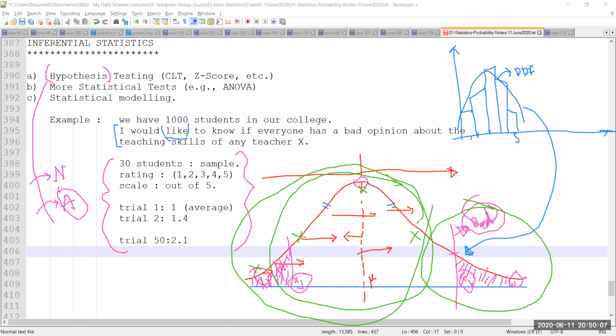What is the alternate hypothesis? The alternate hypothesis is that the content size in any randomly chosen breakfast cereal box of this company will be greater than or equal to 260 grams. Why greater than or equal to? Greater than, I understand. Equal to, why? Because in my null hypothesis, I did not say that the weight of the content is less than or equal to 260 grams.